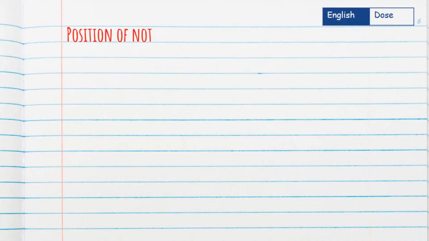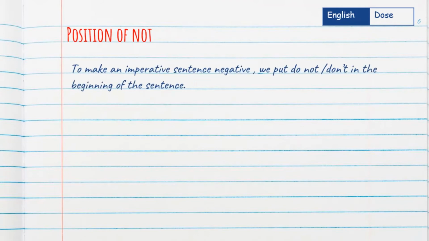Third rule, position of not. To make an imperative sentence negative, we put do not or don't at the beginning of the sentence. First of all, we should be clear what an imperative sentence is. A sentence that gives an order, command, request or suggestion is called an imperative sentence.